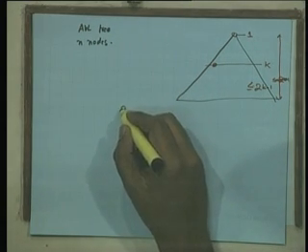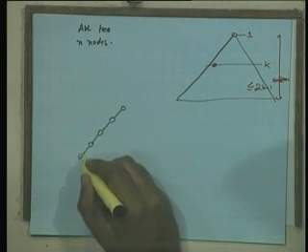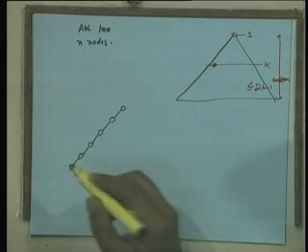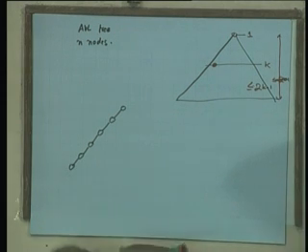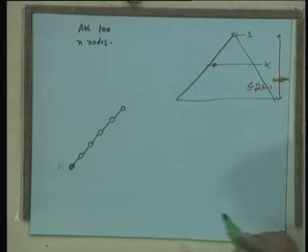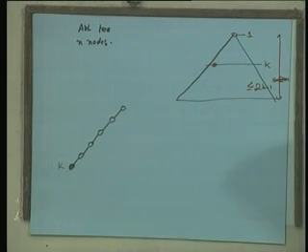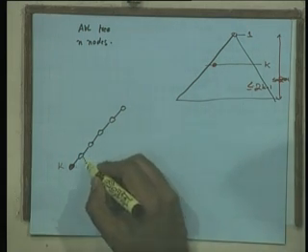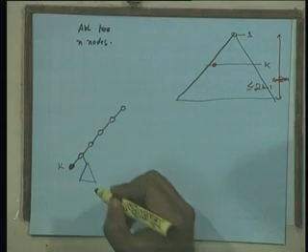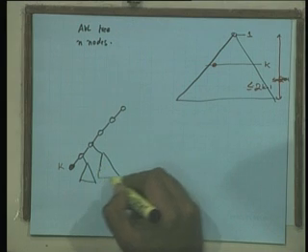This is the leaf, let me color it red, which is at level k and which is the one closest to the root. From this node there will be some subtree hanging out, from this node also there will be some subtree hanging out, and so on.